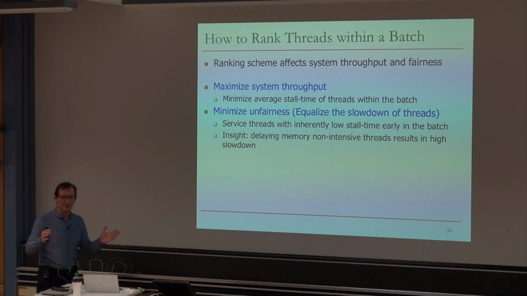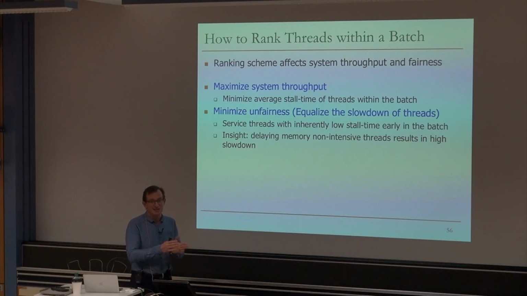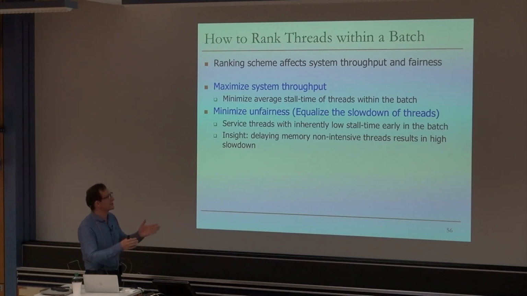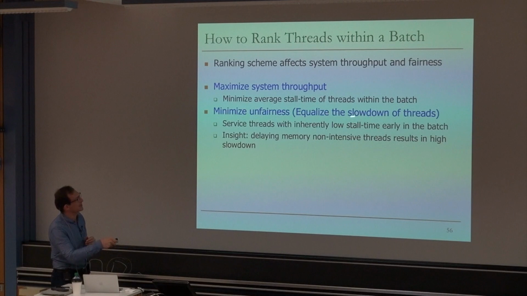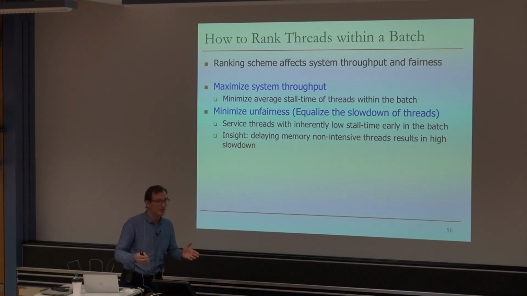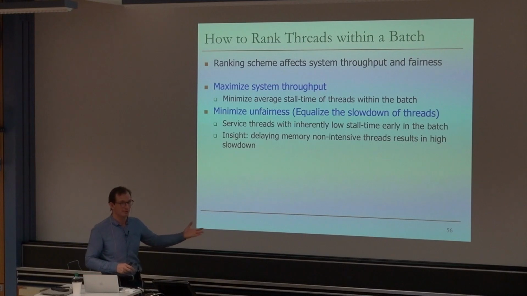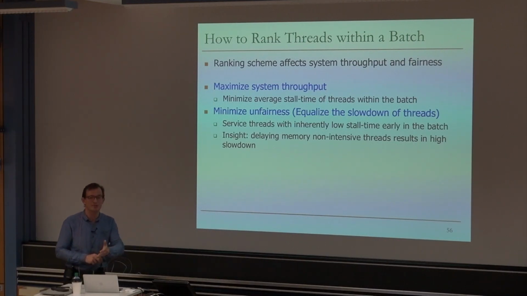If a thread doesn't have a lot of requests or a lot of stall time to begin with, don't delay it that much. Because if you delay it, so let's assume that the stall time of the thread when it's running alone is 1. The stall time of another thread that's running alone is 100. You would like to equalize the slowdown of the threads somehow over time. If you delay the first thread by 1 time unit, its slowdown becomes 2. If you delay the second thread, its slowdown becomes 101 divided by 100.